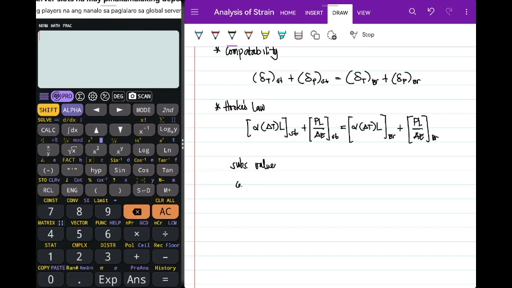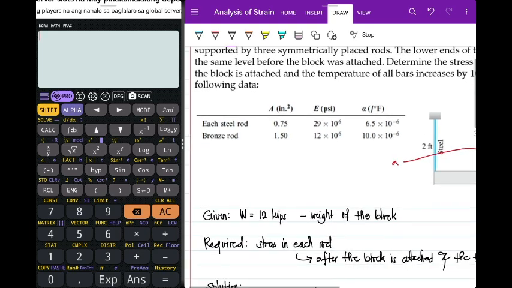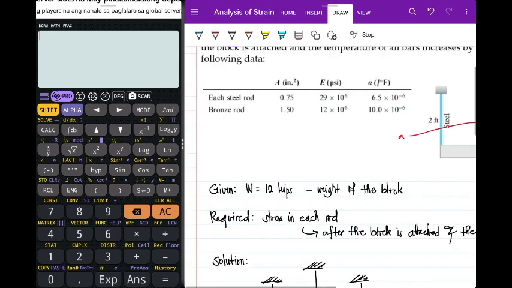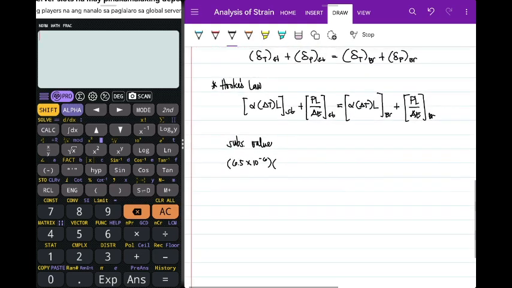Next, we can now substitute the values corresponding to each variable. Okay, substitute the values.